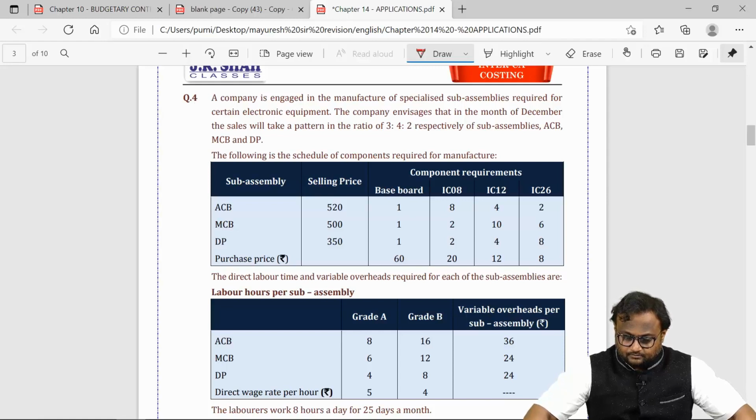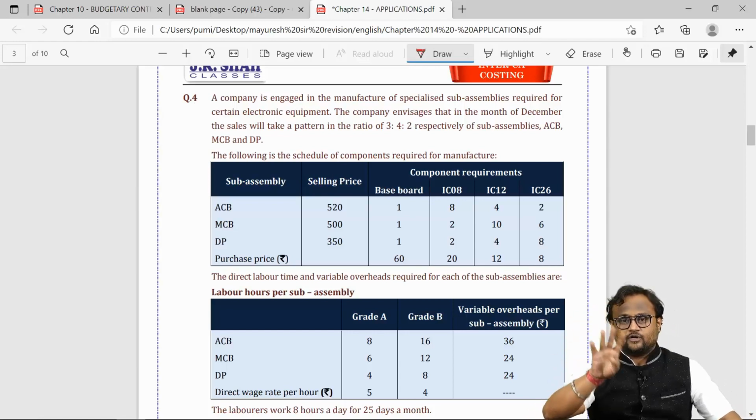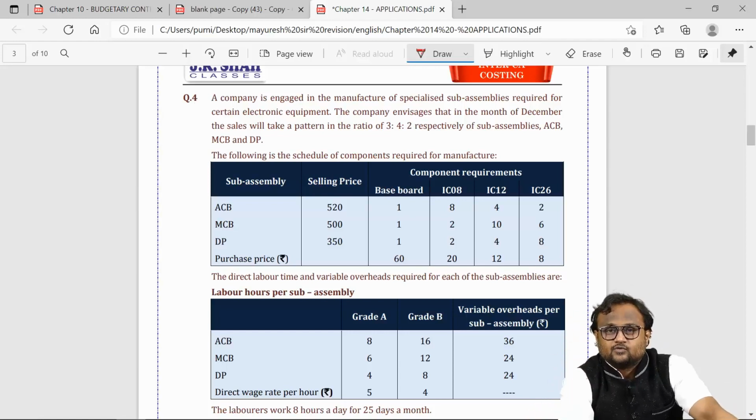So 3 different types of finished goods were required to be produced by consuming 4 different types of raw materials.